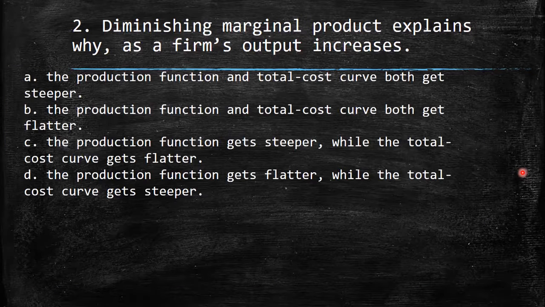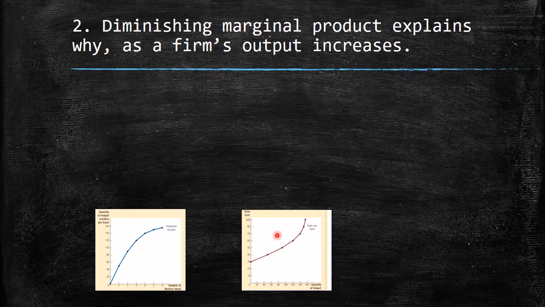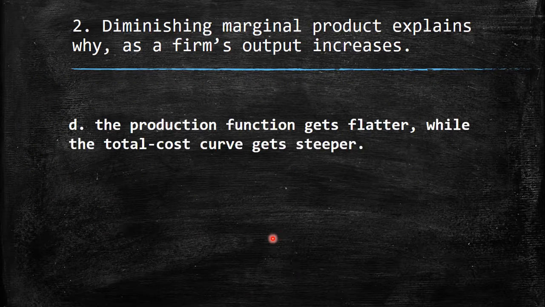Okay, then in the options we have here, naturally remember our two graphs, so we need to find the one which says this one is getting flatter and this one is getting steeper. So then the production function gets flatter while the total cost curve gets steeper.